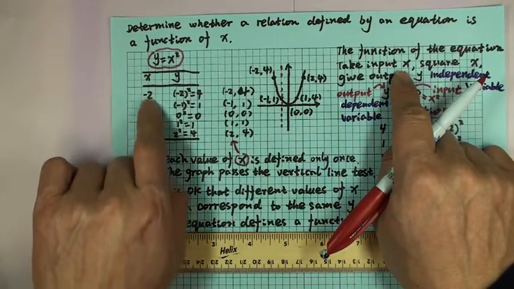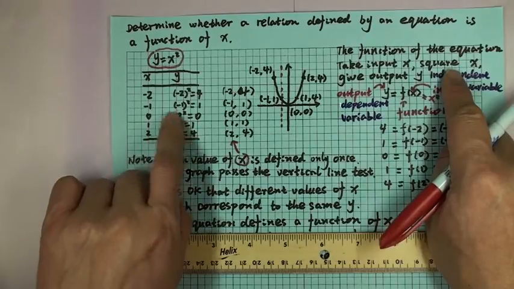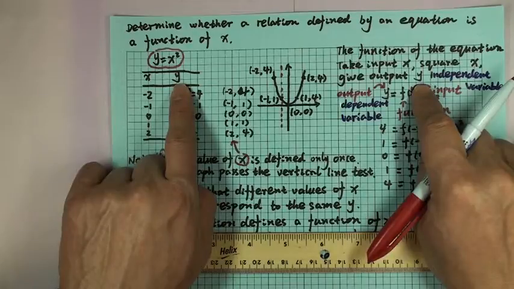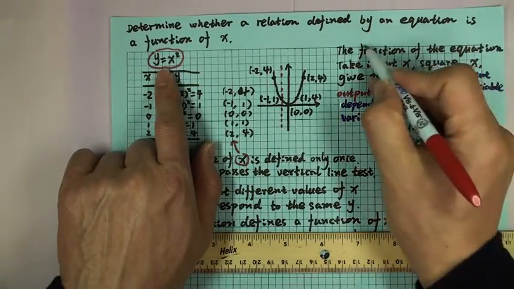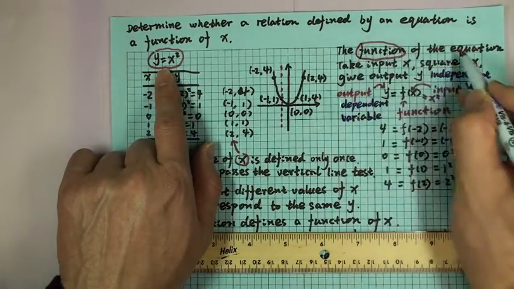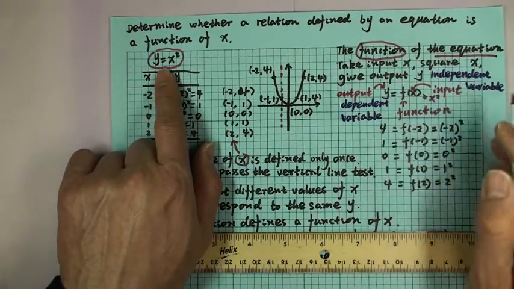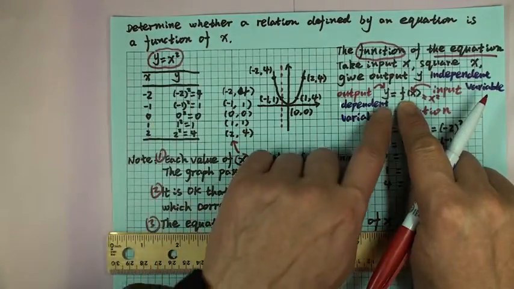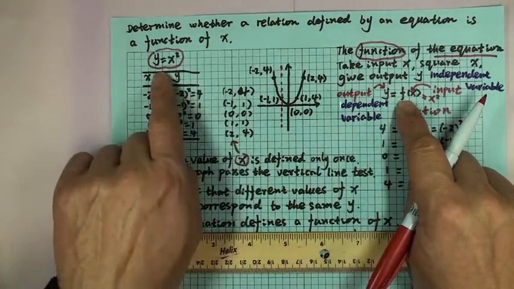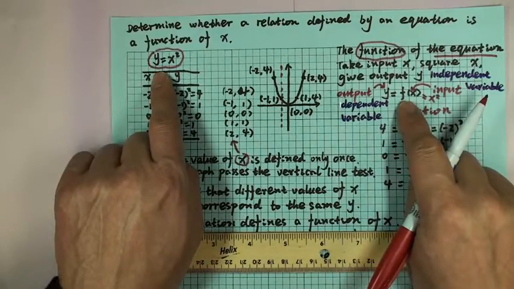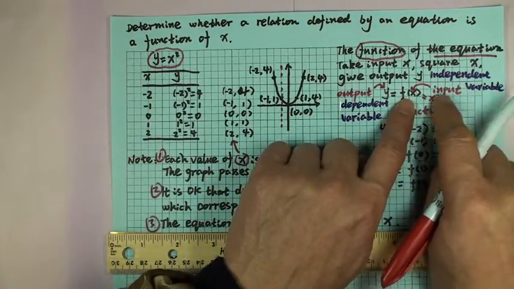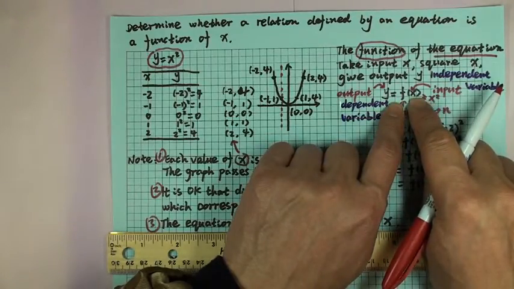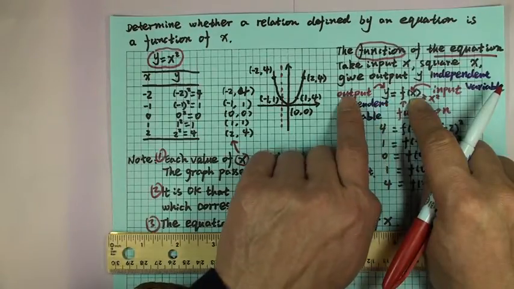You input any values here, then you square it, and give output y. That's basically the function of the equation. So we like to denote by f the function of this equation, which takes the input, so we use parentheses and then input, and then output is y.